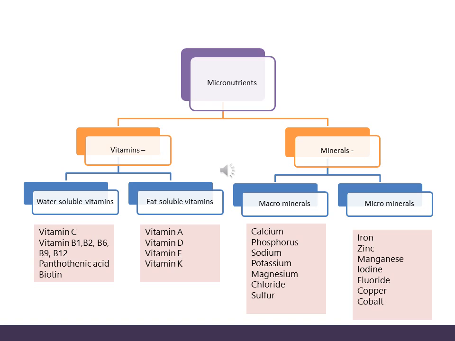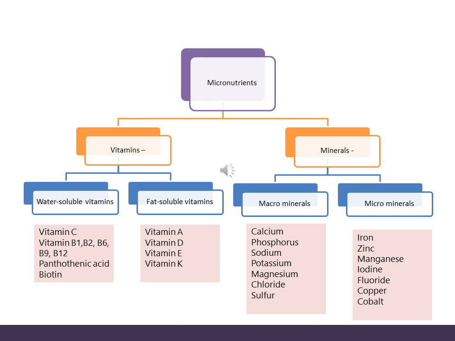We also have pantothenic acid and biotin. These vitamins in very small quantities are required by our body because they provide certain protection and support some body processes. For example, vitamin C is very important because it improves our immune system against different types of infection. The same is true of the other vitamins.